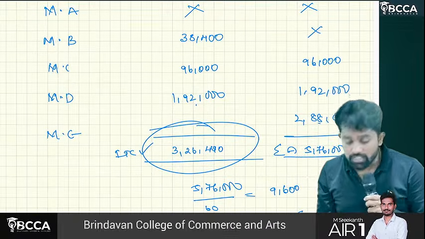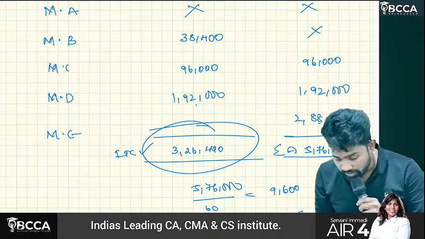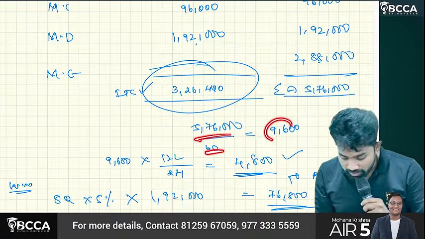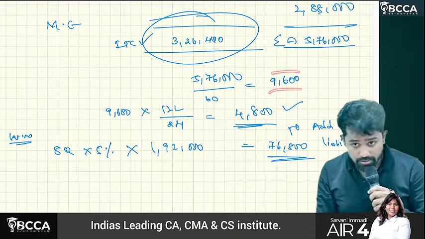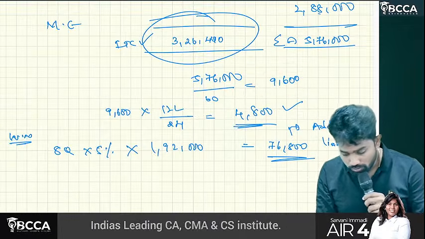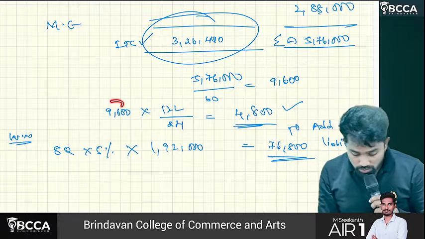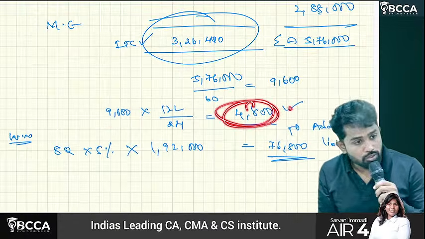And the aggregate of A is how much? 5,76,000. Sir, here there is no asset whose useful life of 5 years is expired. So we'll take the same 5,76,000 divided by 60. We'll get monthly credit of how much? 9,600. So that 9,600 is the common credit. So common credit into what? Exempted turnover divided by total turnover. So 9,600 into 12 lakhs divided by 24 lakhs, which is how much? 4,800.